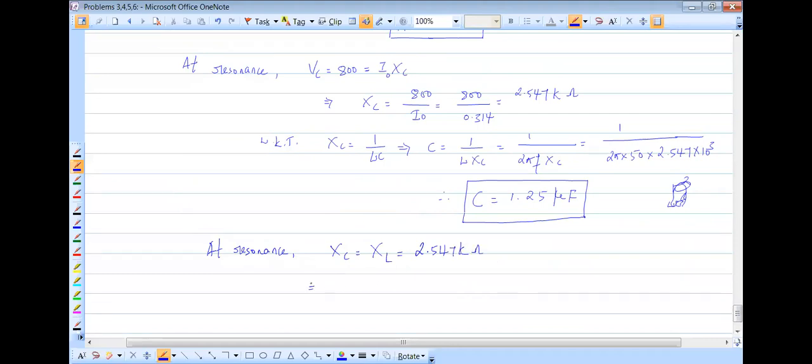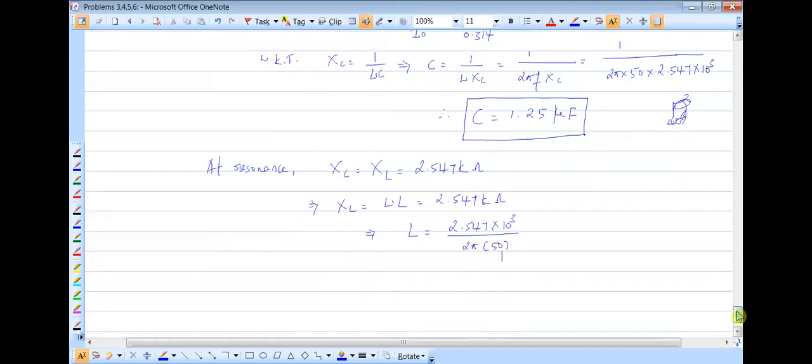So this implies that our XL, which is given by omega L, is 2.547 kilo ohms. This implies our L would be 2.547 into 10 power 3 divided by omega, that is 2 pi into 50. So what is L?